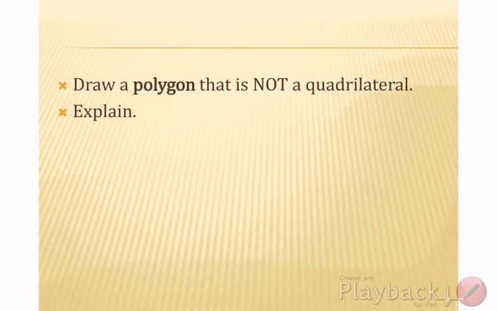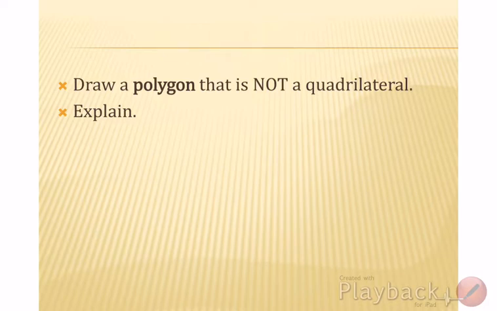Okay, let's continue. Now draw a polygon that is not a quadrilateral, and then explain why you drew it the way that you did. A polygon that is not a quadrilateral.